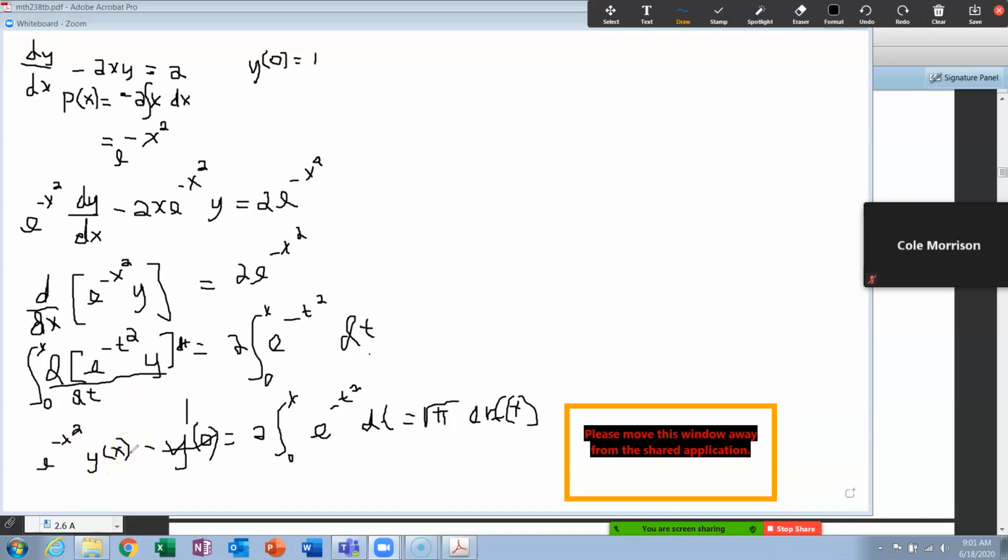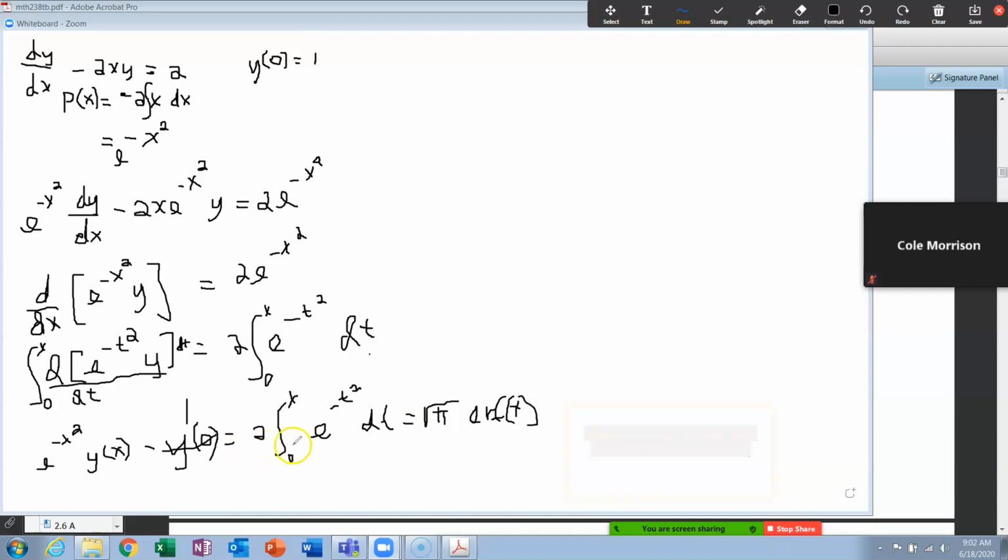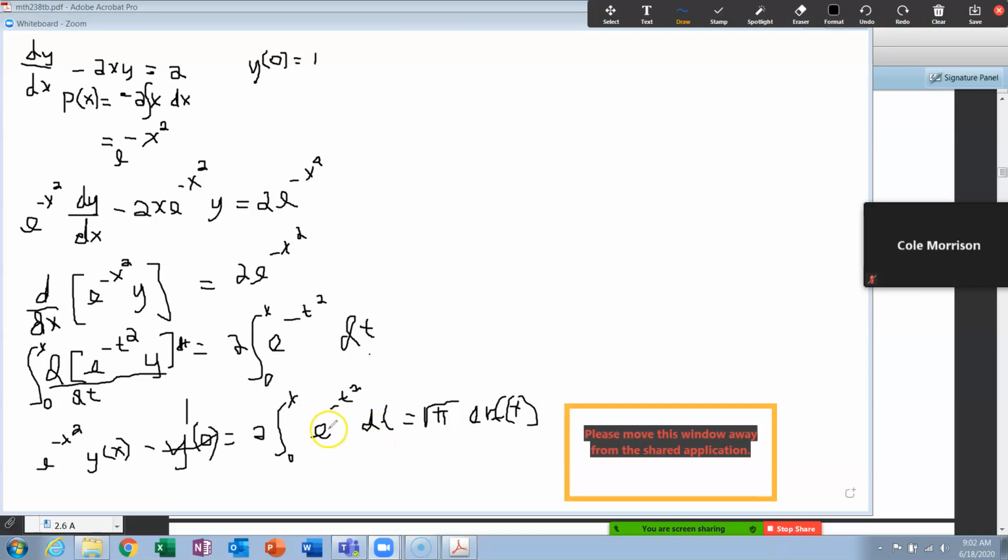Keep hold of that idea. Minus 1, because it's an initial value problem that y of 0 is 1, is equal to 2 times this strange-looking function here, which is related to the error function by 2 over root pi. 2 over root pi times this thing is the error function. So I multiply the error function by root pi, and you've got what this thing is. I don't want to write that integral anymore, so I'm just writing it as root pi times the error function.